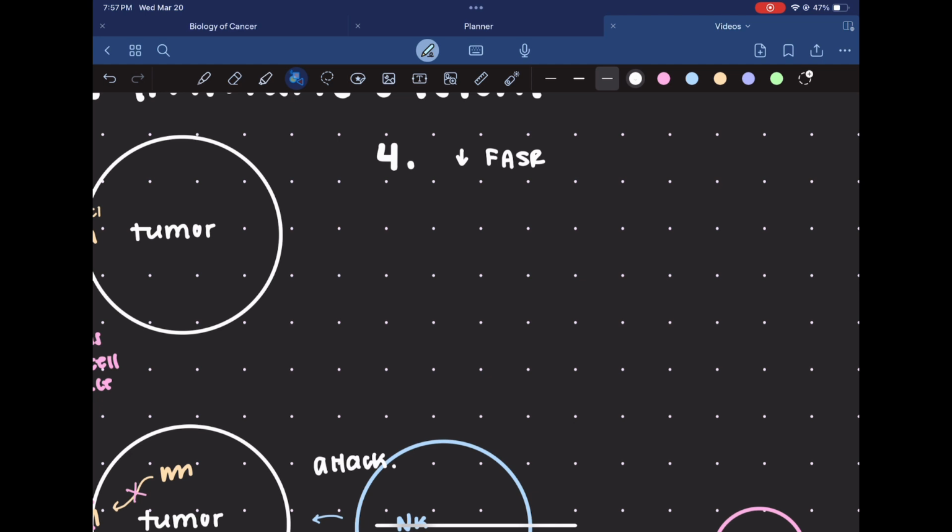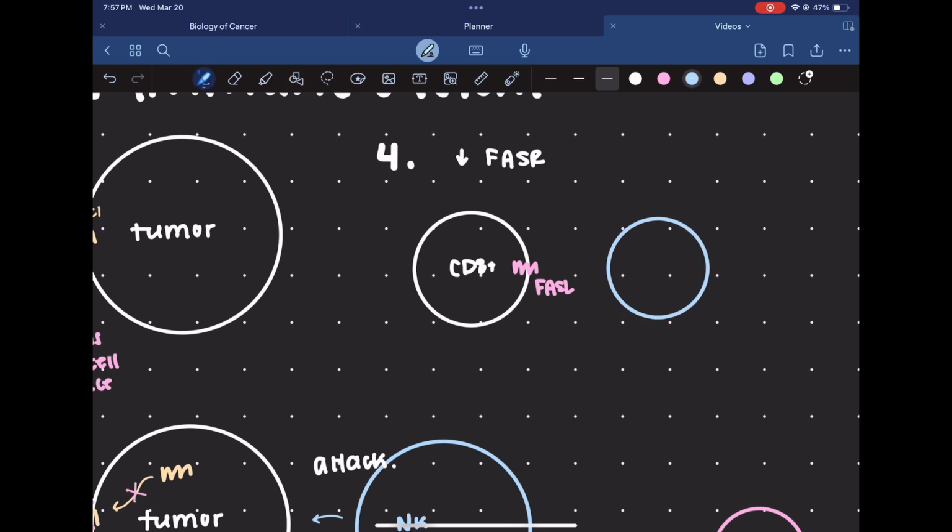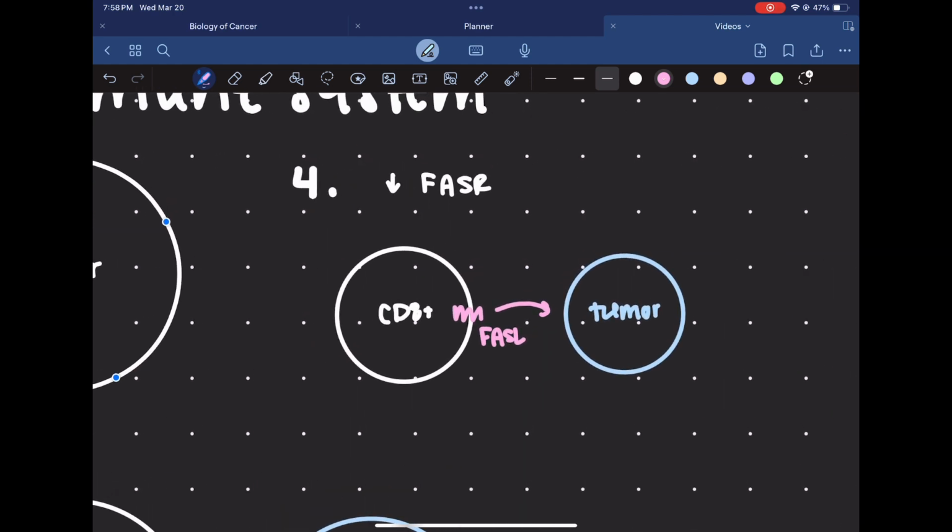So now when we have a CD8 plus that has this FAS ligand on it, when it tries to bind to a tumor cell, it's not going to have anything to bind to. So it cannot cause extrinsic apoptosis, cannot signal apoptosis extrinsically.